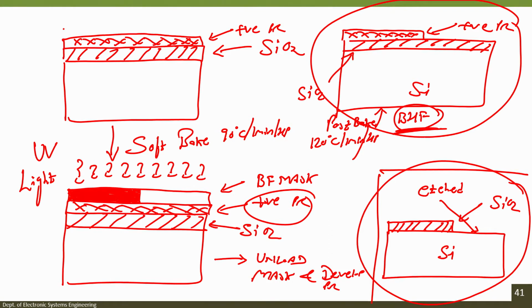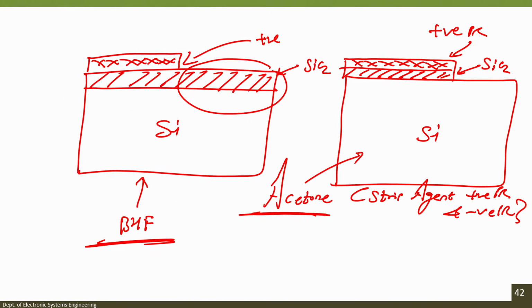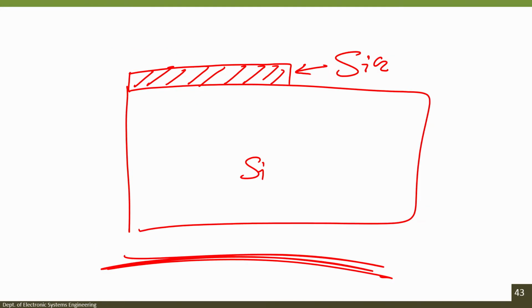After that, if you dip the wafer in BHF, which is buffer hydrofluoric acid, you will etch the silicon dioxide, and the area which is protected by the positive photoresist is saved. After this, if you dip this wafer in acetone, then your positive photoresist will be stripped off and you will get only the silicon dioxide pattern on the silicon wafer. This is how you have created a step on a silicon wafer, the step is of silicon dioxide. This process is called photolithography.